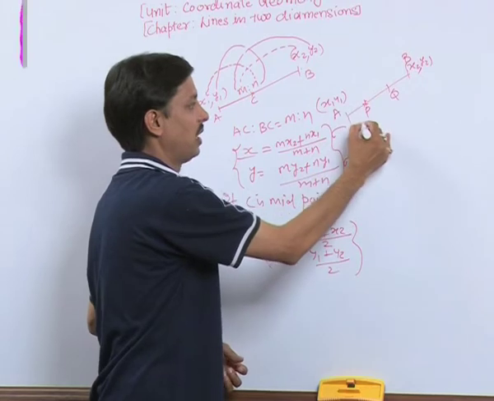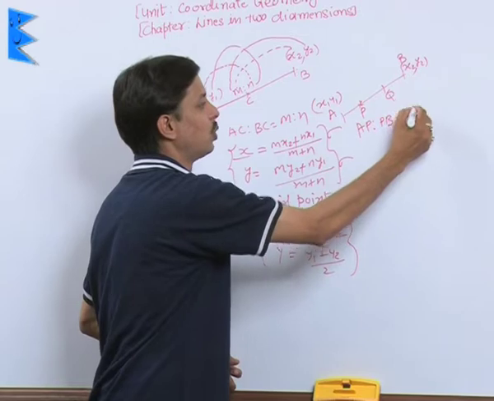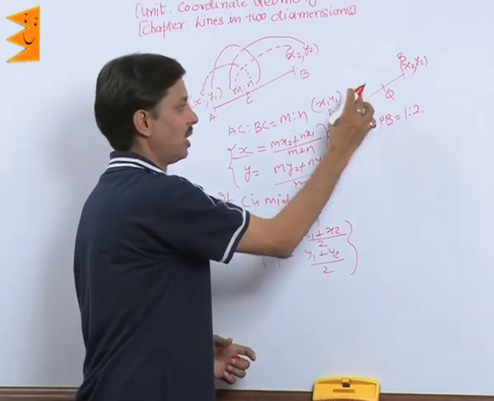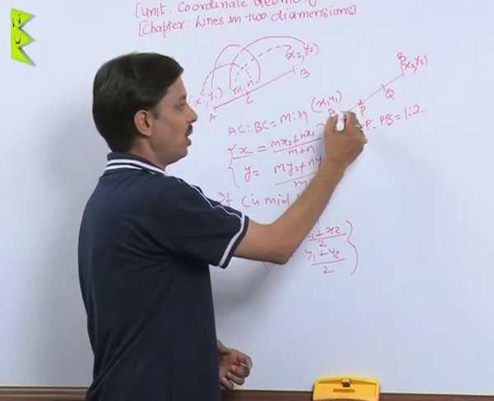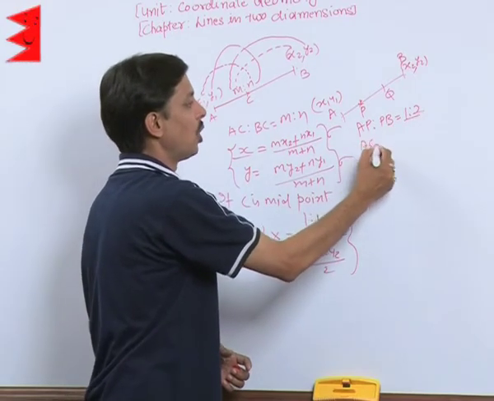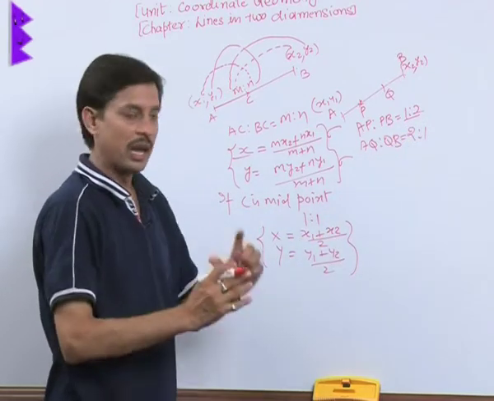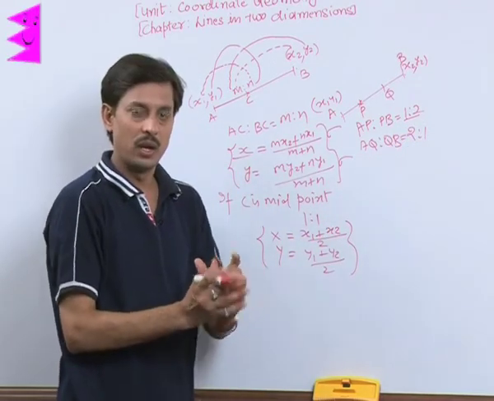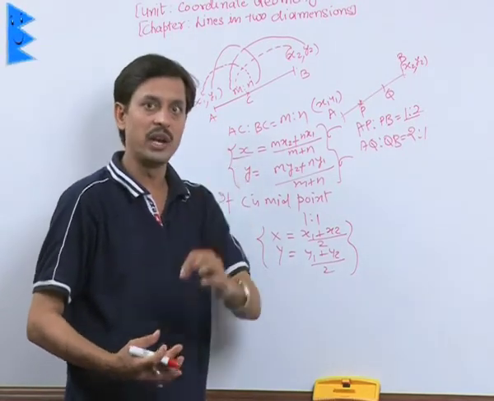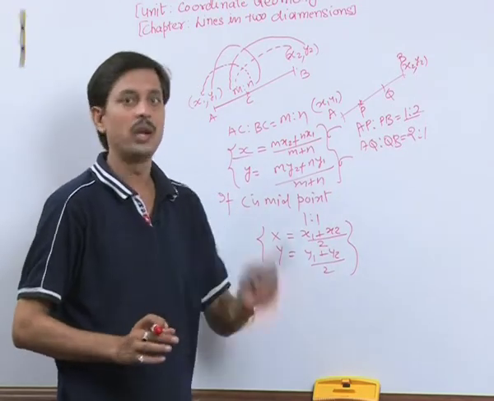For trisection, the ratio of AP to PB will be 1:2, because trisection means 3 separate, equal parts. This is 1, this is 1, this is 1. So the ratio of AP to PB is 1:2 and the ratio of AQ to QB is 2:1. As and when trisection is required, we will find the coordinates of 2 points in the 2 ratios, that is 1:2 and 2:1.